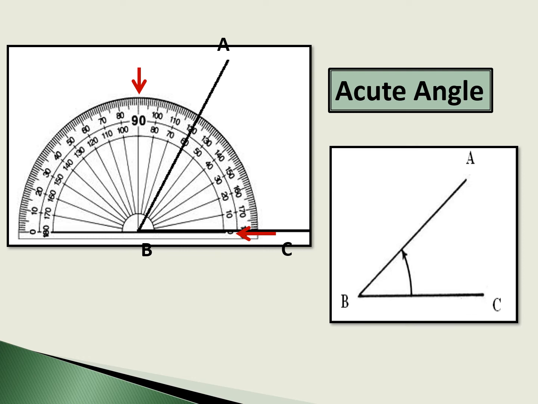So we see that this angle formed is smaller than a right angle. So an angle which is more than 0 degrees but less than 90 degrees is called an acute angle.